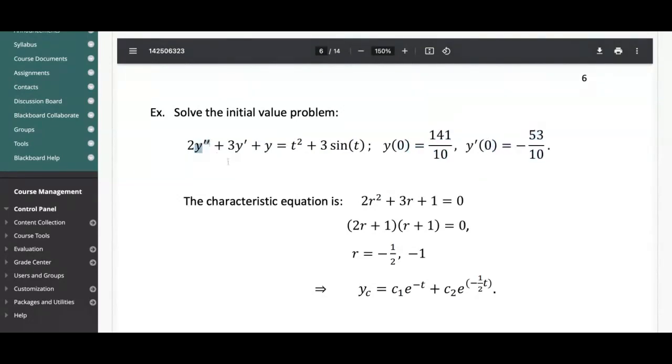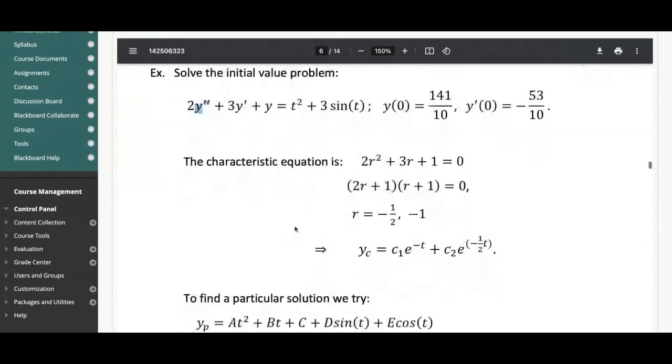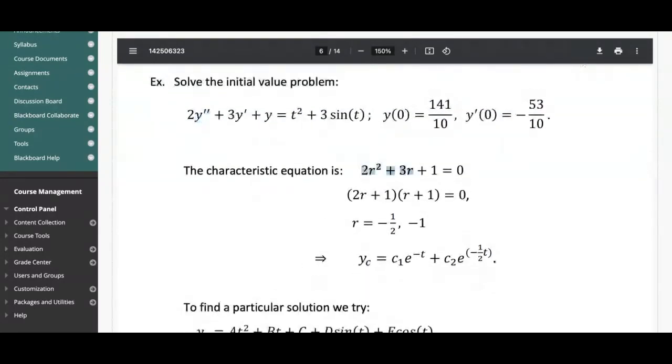The highest one is the second derivative. So first, let's get the characteristic equation. We're trying to solve for the complementary solution. Because we have a t squared polynomial, but we also have sine t, so it's a combination.